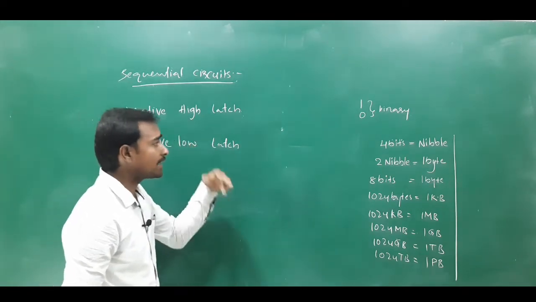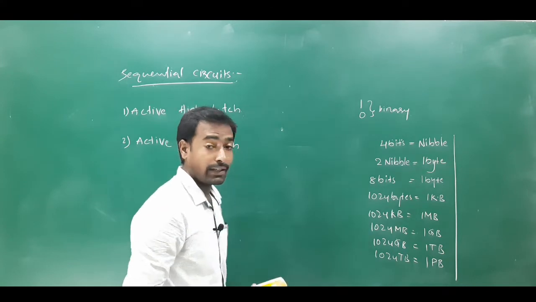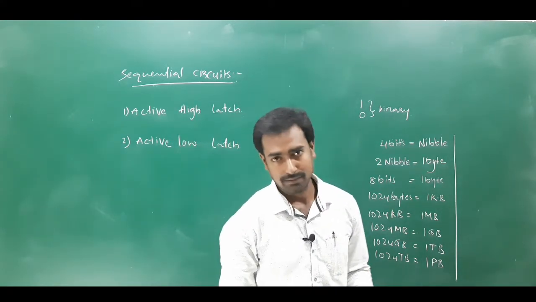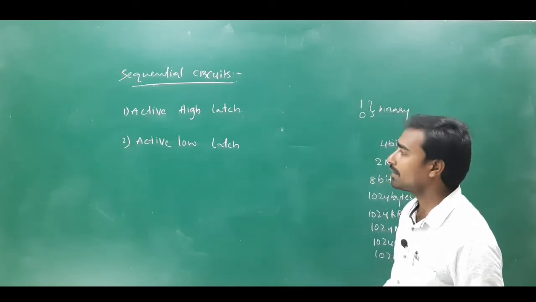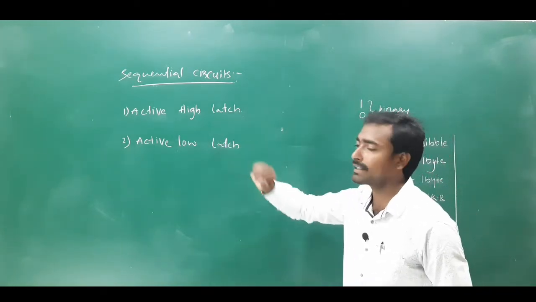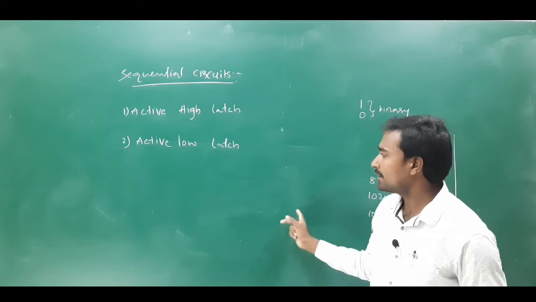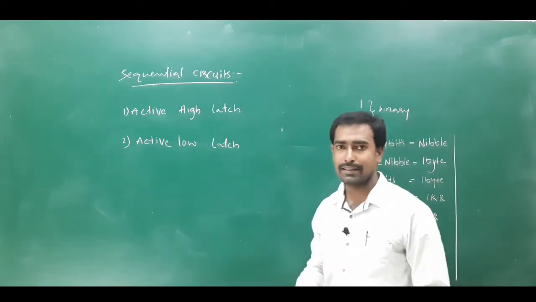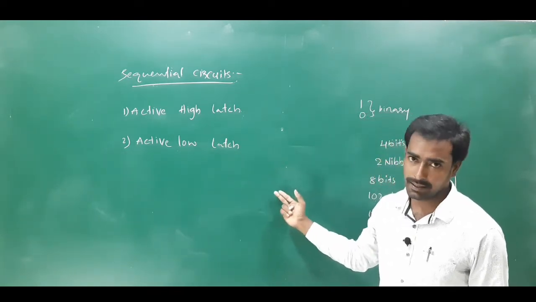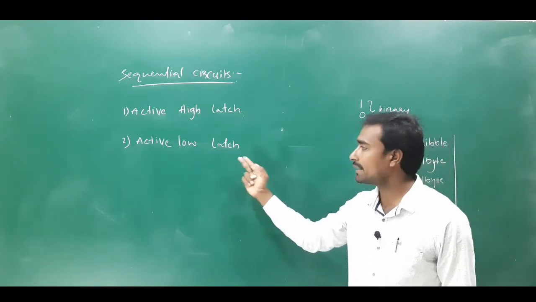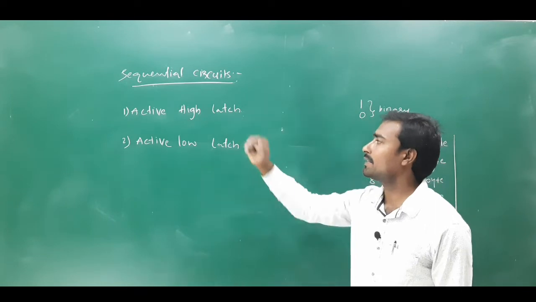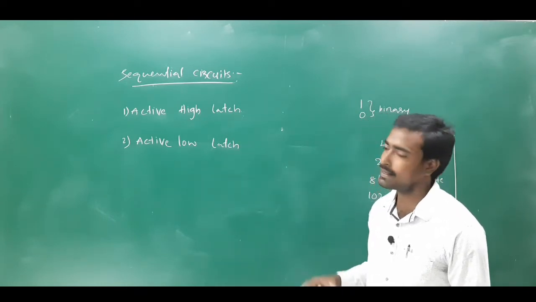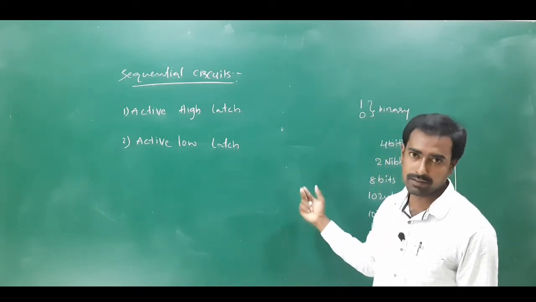And coming to the active high latch, the cross connection of the two NOR gates is called as active high latch. And second one, active low latch, the cross connection of the two NAND gates is called as active low latch. We will discuss the active high latch logic circuit as well as truth table.